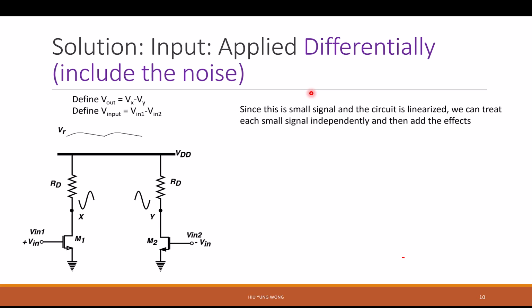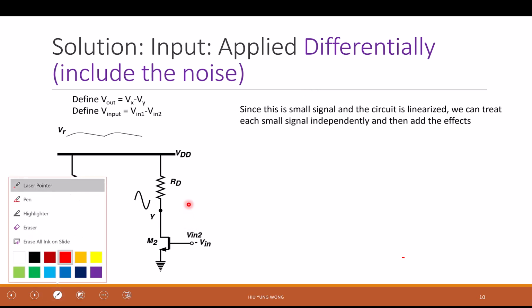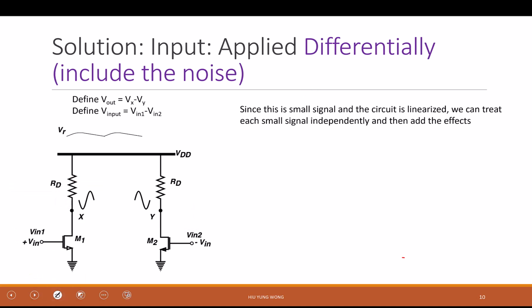So the goal is this. Because we can do this, we can treat them separately. First, treat Vin equal to 0, and then consider VDD. Okay, so what is the output Vout in this case?